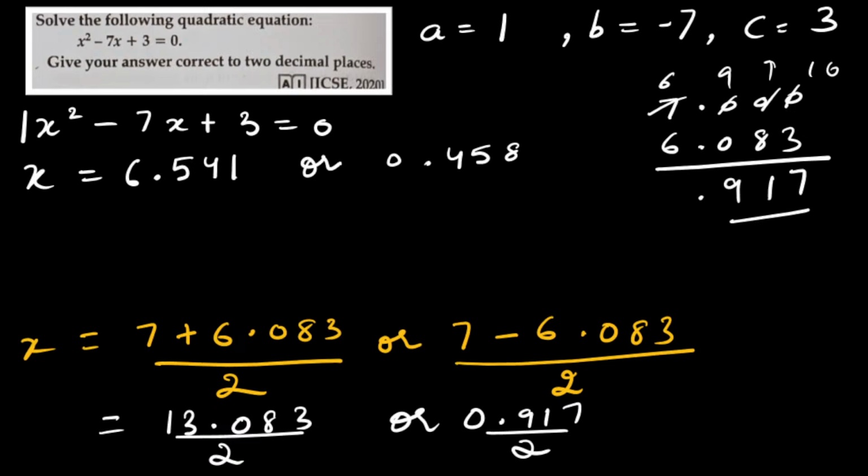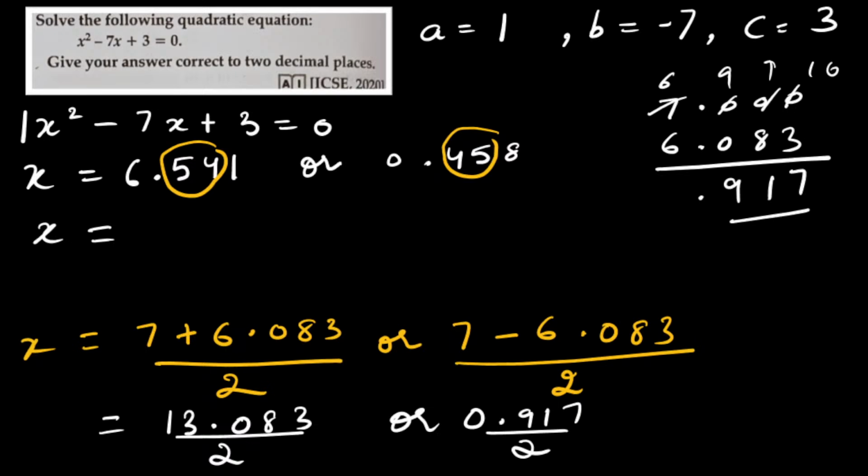Now up to 2 decimal places we have to write here. So up to 2 decimal places means these two digits we have to consider, and here these two we have to consider.